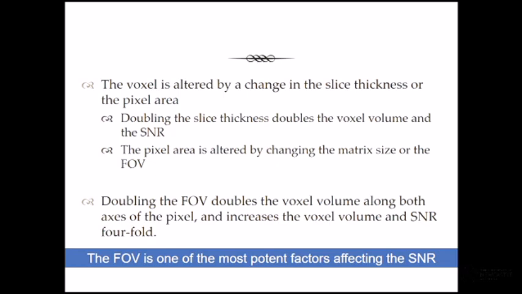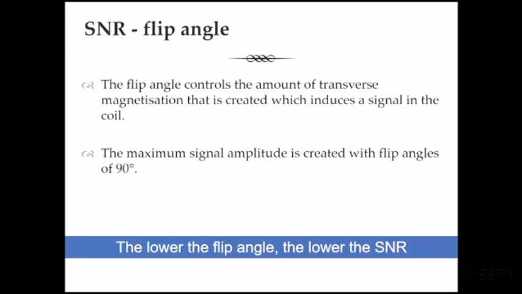So if you scan an area and say, that image looks a bit noisy, I want to increase the SNR, one thing you can do is change the field of view. If we change the field of view, what else will that affect, keeping all other factors equal? It changes the spatial resolution.